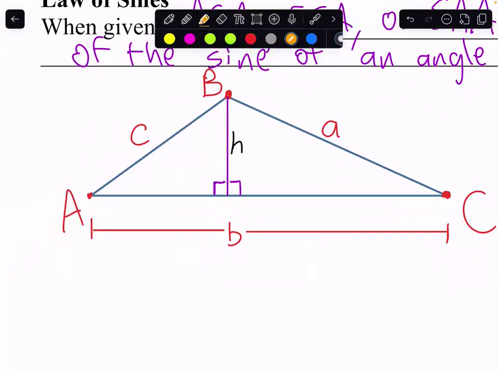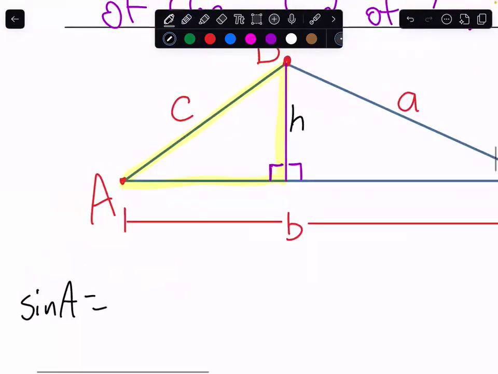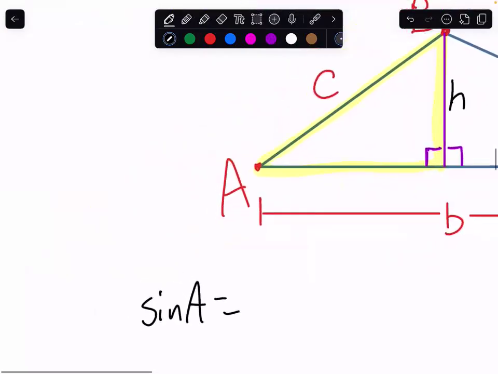Okay, so let's focus on this right triangle first. We can now do the sine of capital A. Again, ignore the rest of the triangle, just focus on the highlighted right triangle. So sine of angle A is opposite over hypotenuse, so h over c.